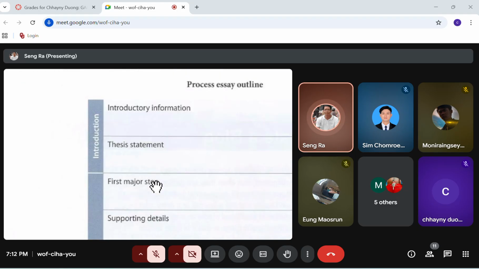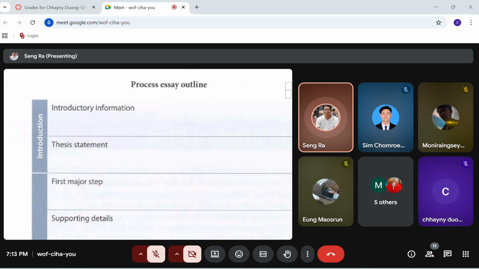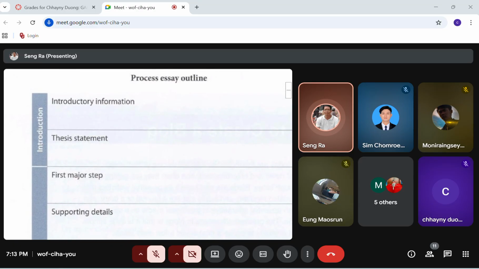So this is the process essay outline, the organization. You start with the introductory information, which is the background information, and then you close it up with the thesis statement.